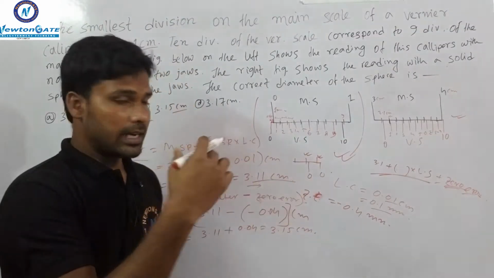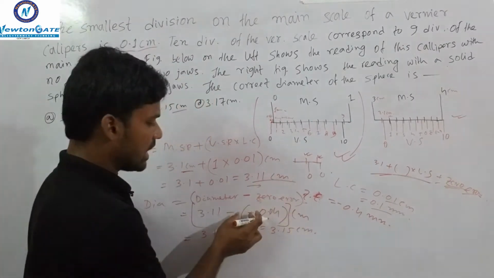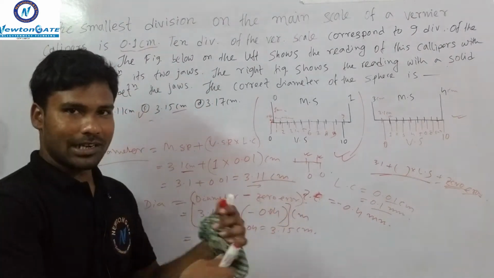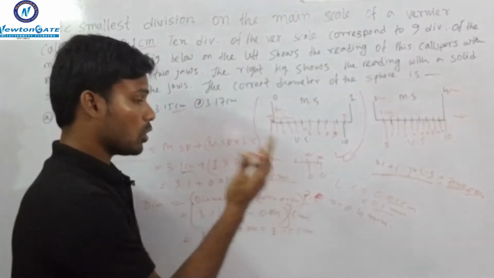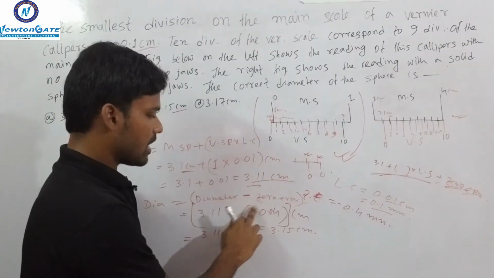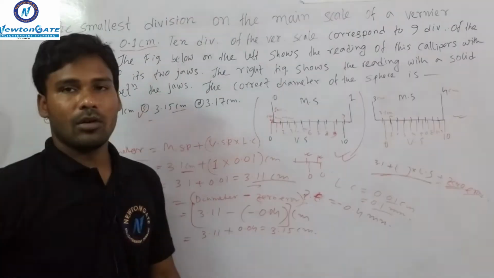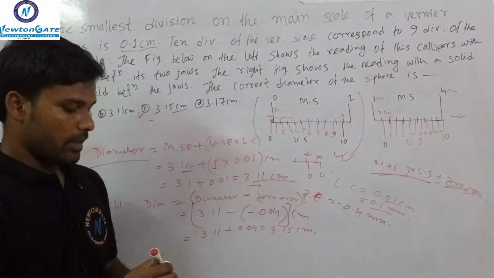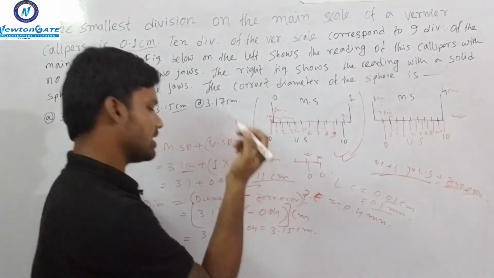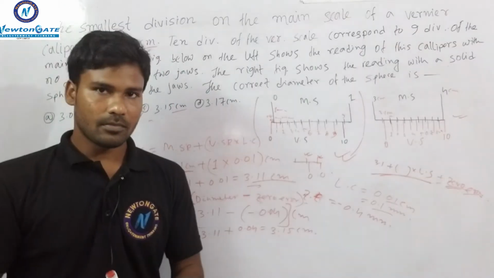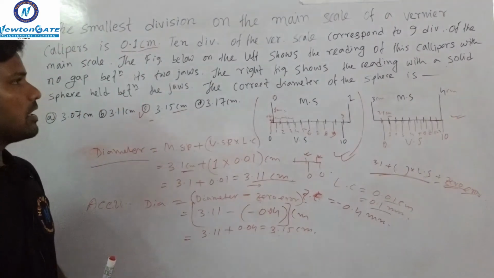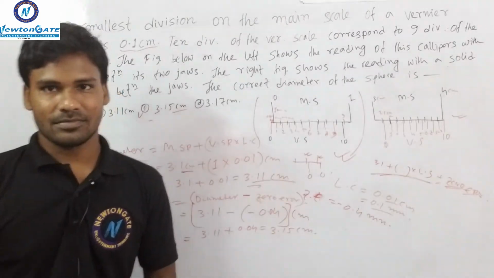Whenever you get negative zero error, the negative becomes positive, so it is automatically added. And whenever you get positive zero error, it automatically subtracts from this data. So this is our general formula, you can just remember it. This is our first question, so let's go to our next question.